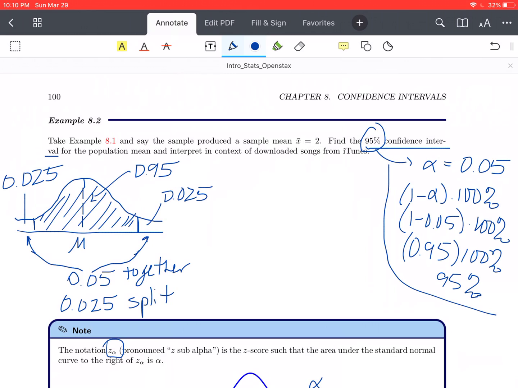Now, in order to find the confidence interval, okay, so let me separate this off here. For our confidence interval, we're going to need the upper bound and the lower bound.